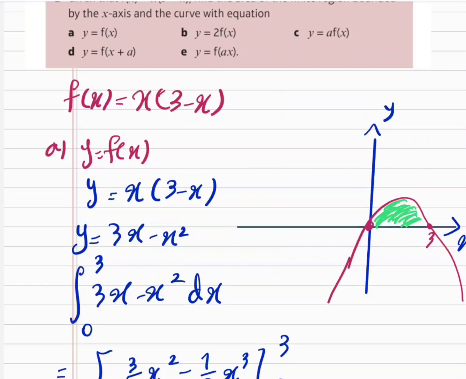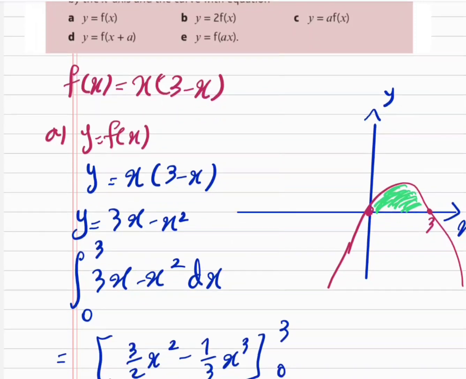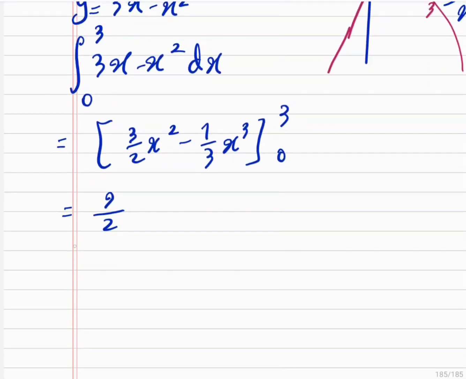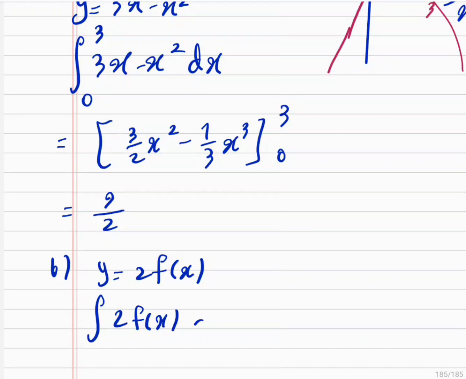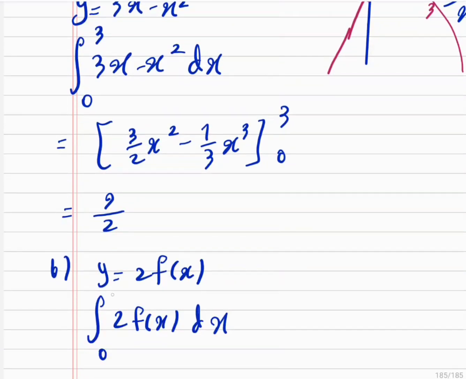So if we want to find the area when the equation is y is equal to 2f of x, let's see what happens. For part B, y is equal to 2 times f of x. Let's write down the integral of 2f of x dx, and again, the limits are the same, between 0 and 3.